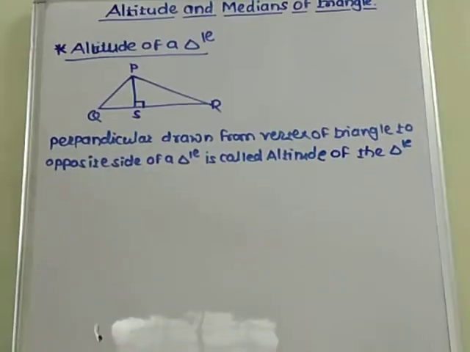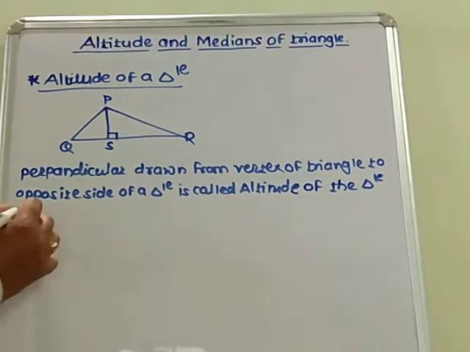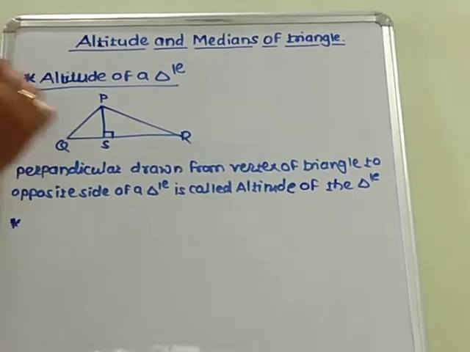Then some concepts regarding this, that means some points will be covered. A triangle has three altitudes.